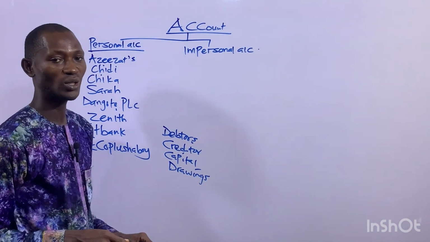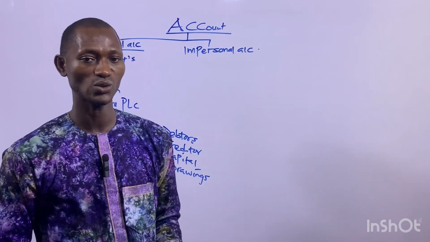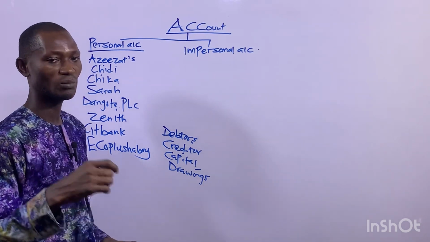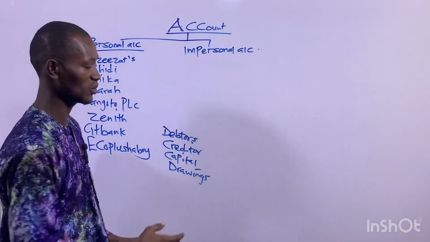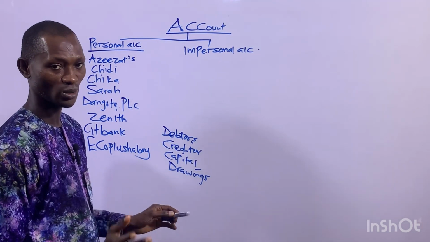Then drawings account: whatever the owner takes out of the business for his own personal use or consumption is called drawings, and that will be recorded in a personal account known as drawings account. So all these are still under classes of personal accounts. I hope that is understood.